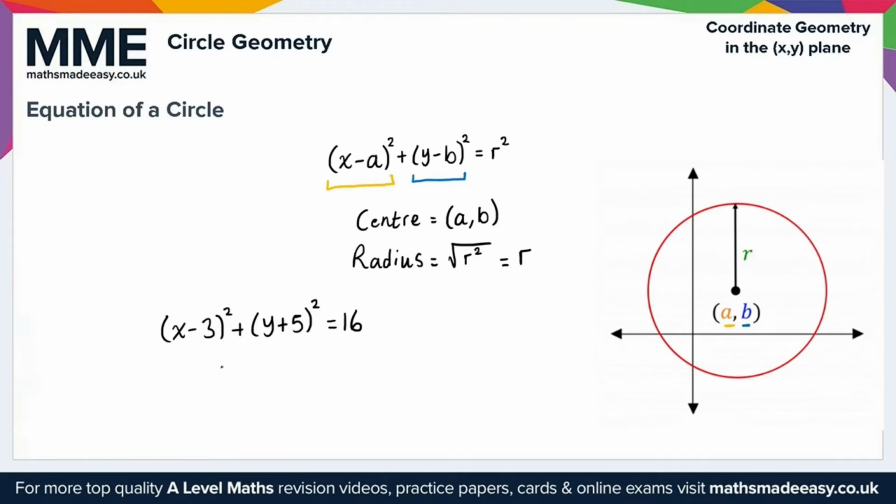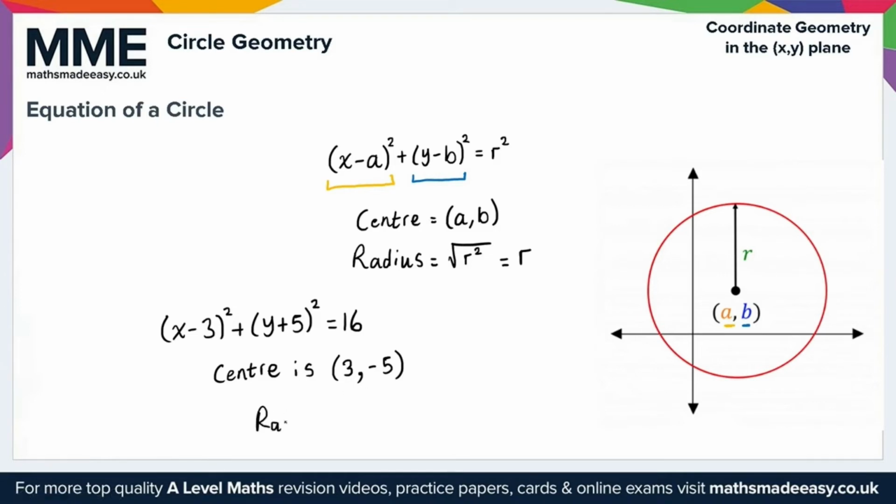In this case, the centre would simply be obtained by taking a look at this part here, x minus 3 all squared, and this part here of y plus 5 squared. Again, we take the opposite value, so as this is minus 3, our x coordinate for the centre will be positive 3, and as this y plus 5 is positive, our y coordinate here will be negative. So our centre is (3, minus 5).